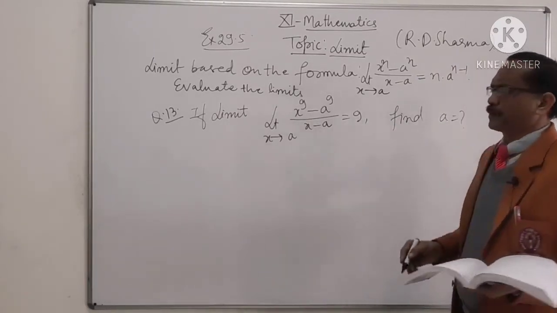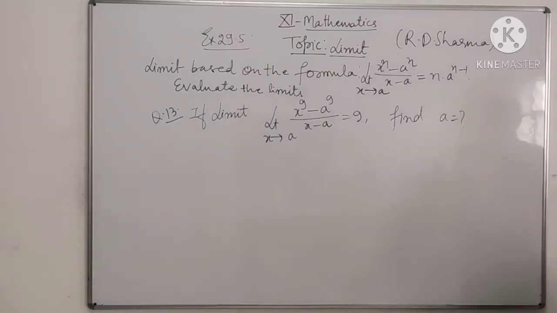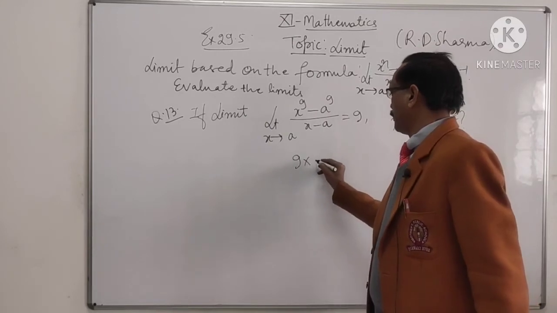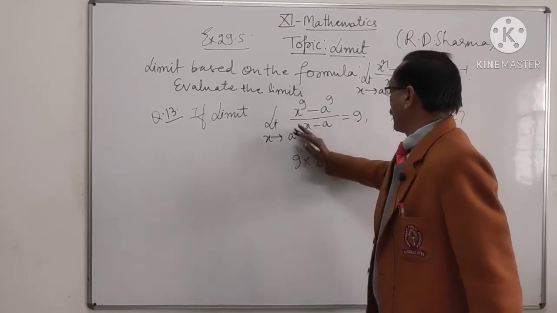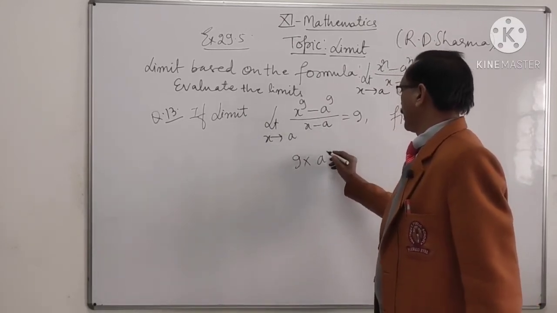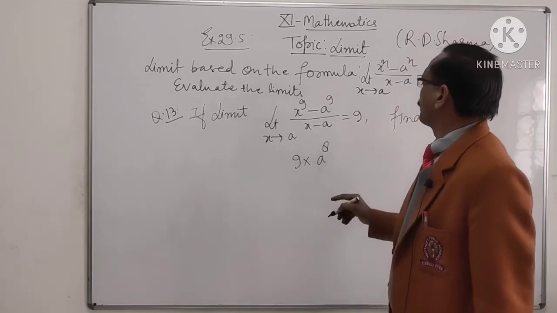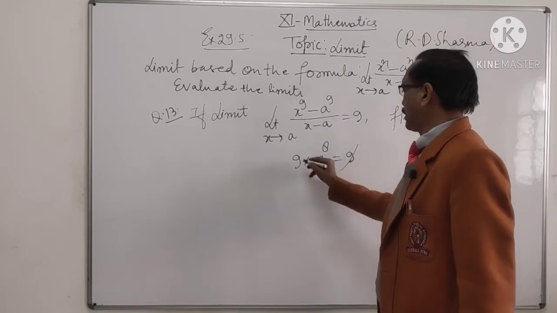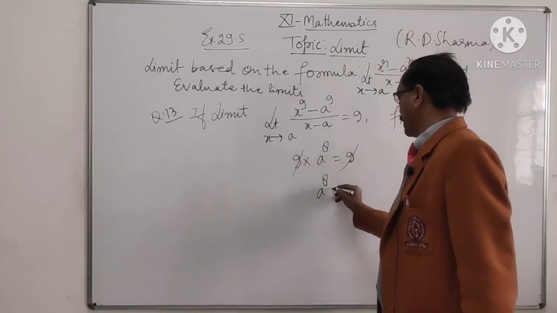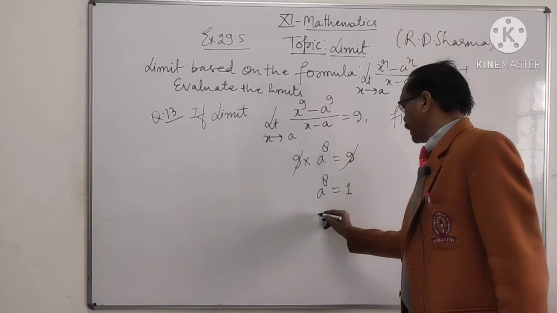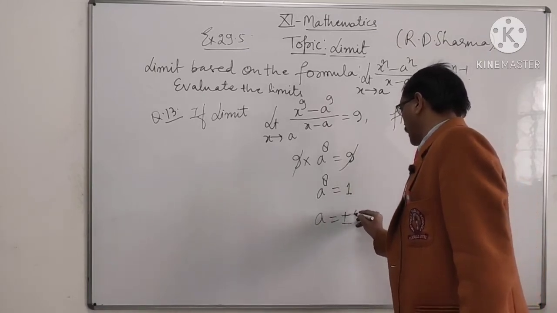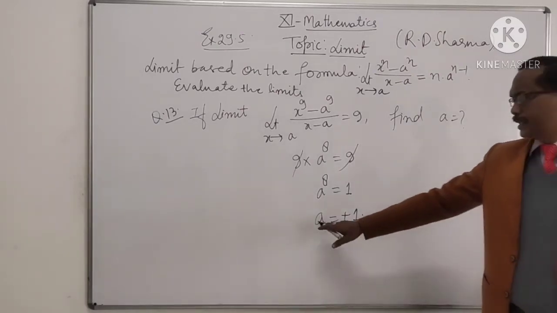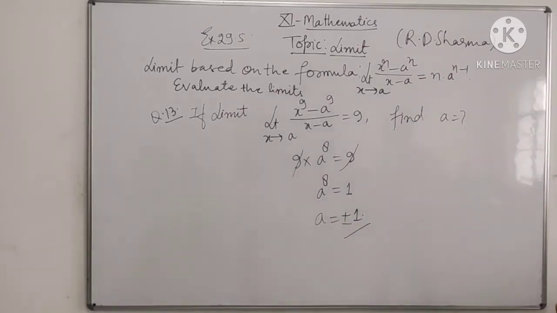Find all possible values of a. So again, according to the formula, it is 9 into a power 8, or it is 9 minus 1, which is 8, equal to 9. Now 9 1s are 9, a power 8 equal to 1. So a equal to plus minus 1. The value of a is plus minus 1 because it is an even power.